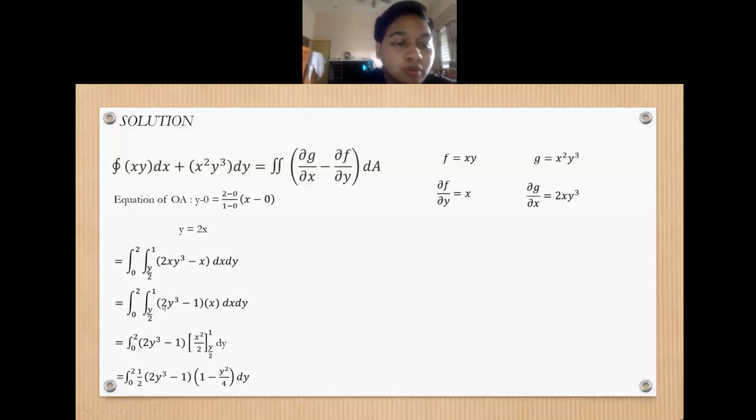So down here, I take out the x. Next, I integrate the x. I get x squared over 2 with limit y/2 to 1. So I substitute the value and I got y minus y squared over 4.